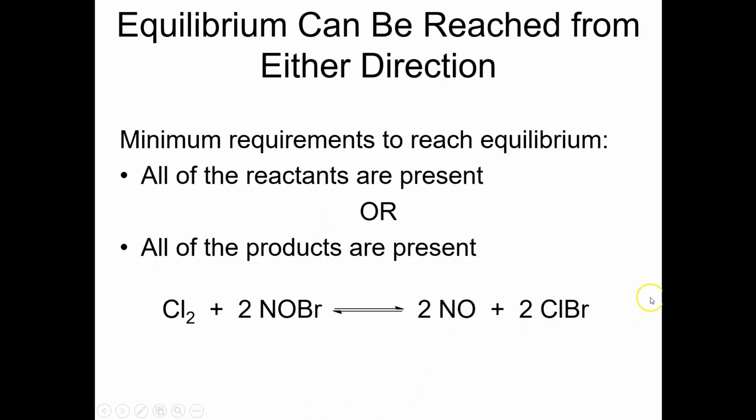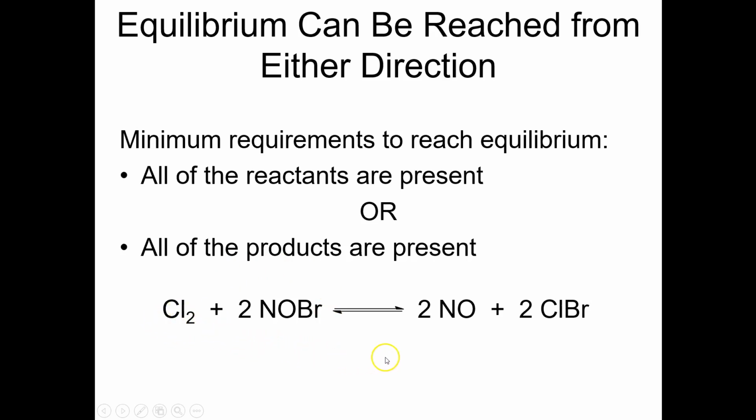If I've got NO and ClBr present, I will reach equilibrium. I can reach equilibrium because all the products are present. Okay. If I've got both reactants plus one of the two products, I can reach equilibrium. If I've got both reactants and both of the two products, I'll reach equilibrium. If I've got both products and one reactant or the other, I will reach equilibrium.